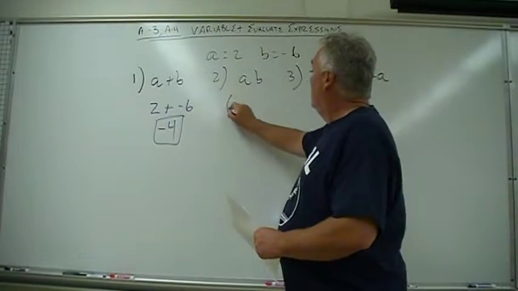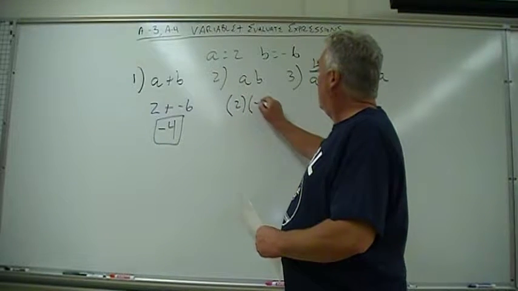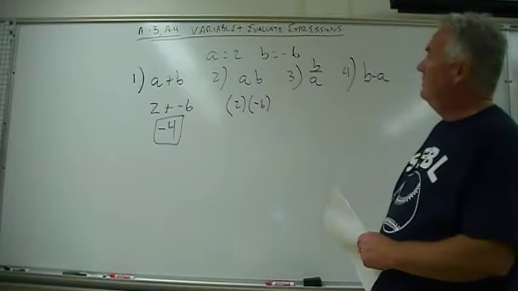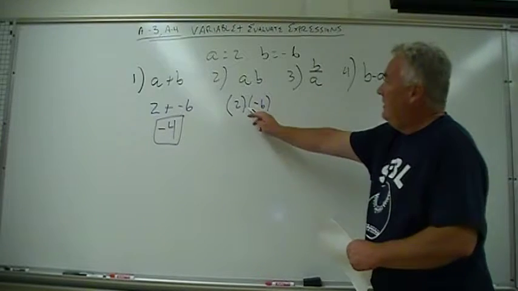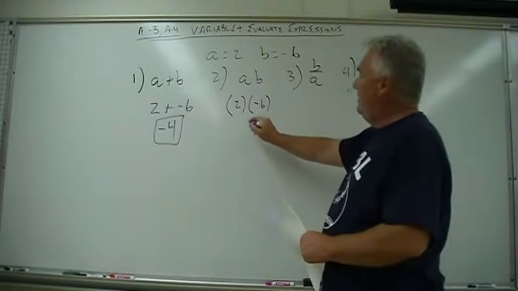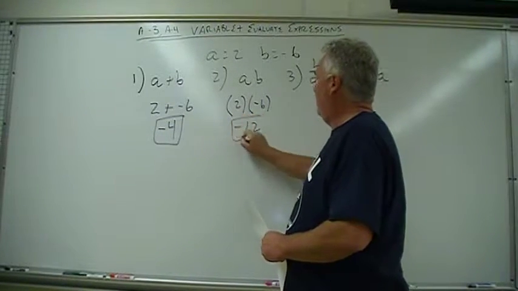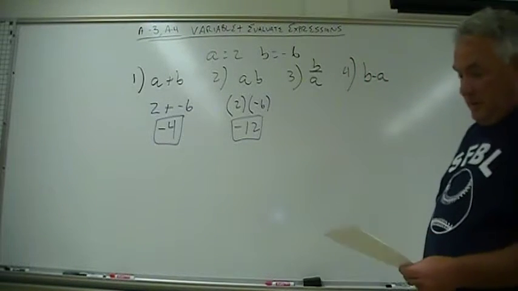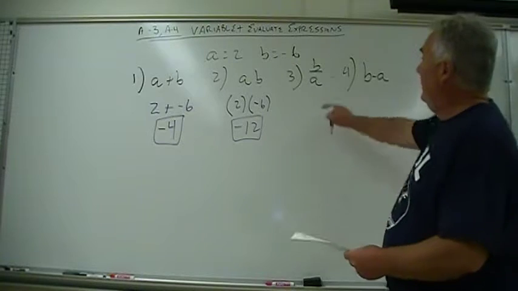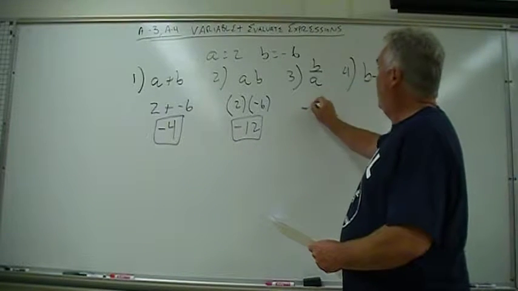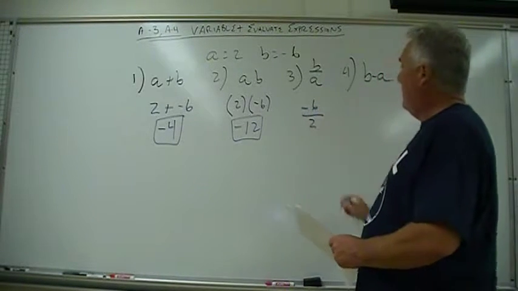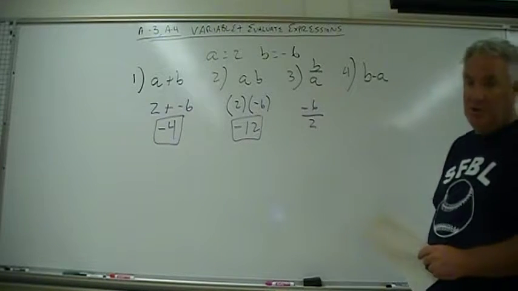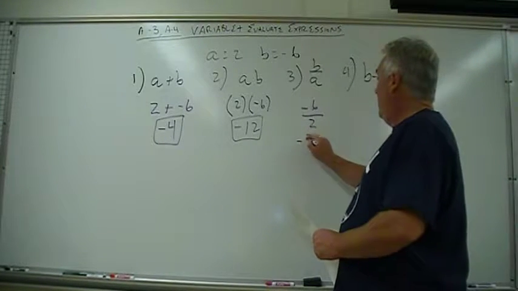So 2 times -6, A times B, 2 times -6, -12 for number 2. Number 3, B divided by A. So -6 divided by 2, it's an integer problem, -3.